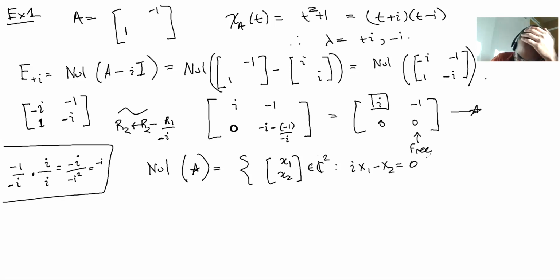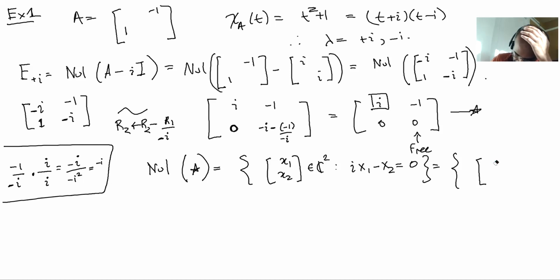That's the equation you get, and x2 is a free variable. So x2 is free, so it's just a span of, well, let me write it out carefully. It's a set of all vectors of type x. x1 is x2 divided by i.